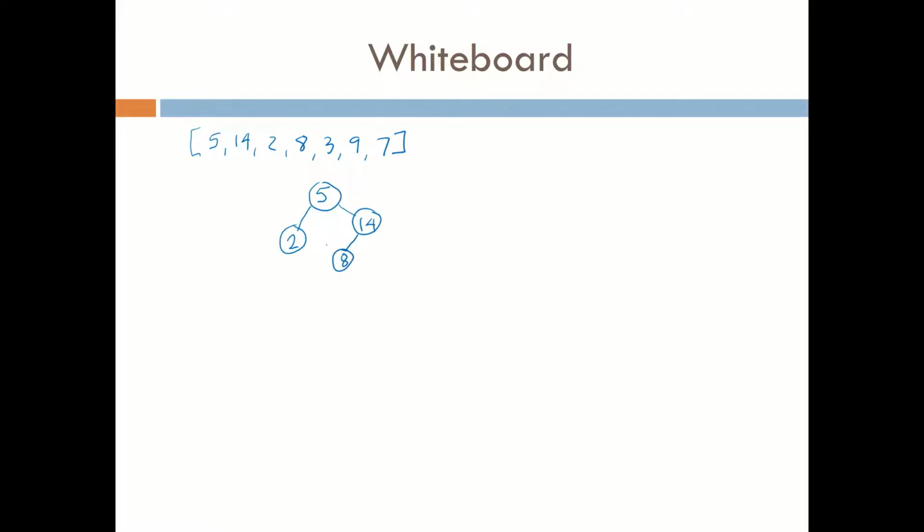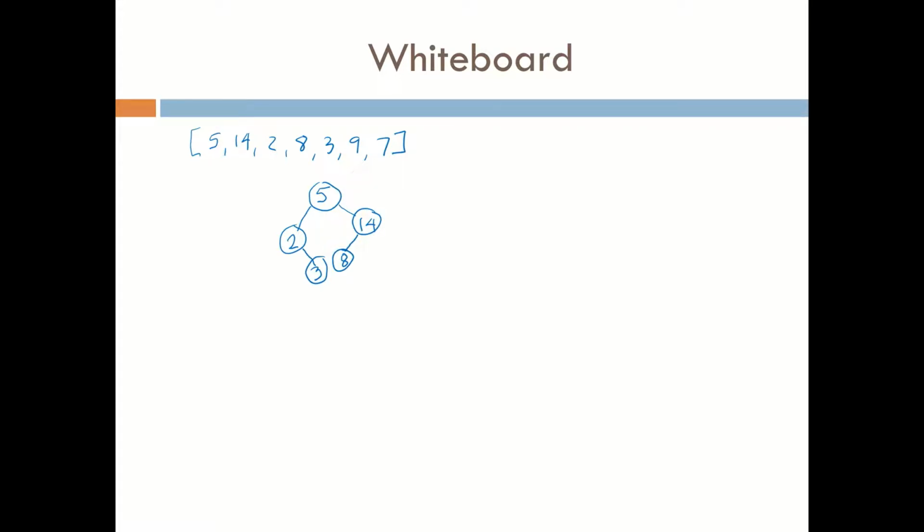We then go on to insert value number 3. It's less than 5, so that puts us on the left side. And it's greater than 2, so that puts us to the right of 2. We then have to insert 9. It's greater than 5. It's less than 14, so we go to the left.